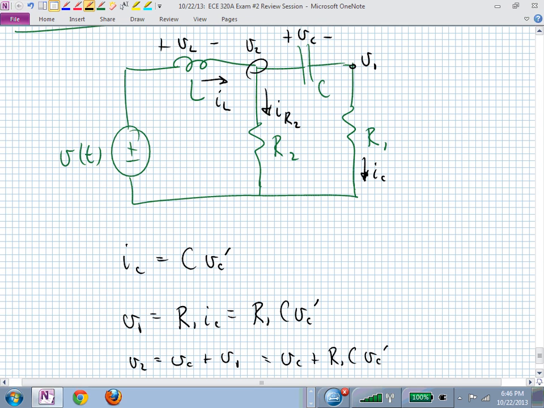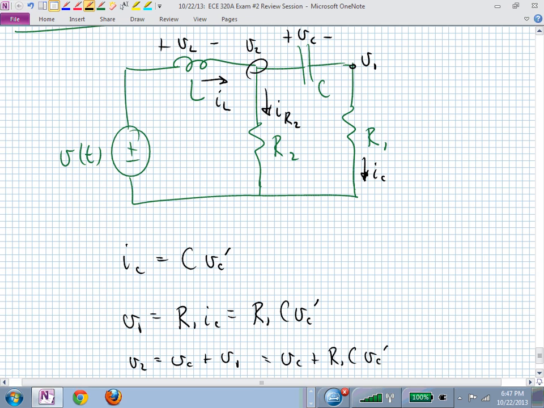Are you comfortable continuing? You now need to find I sub R sub 2, which is just this V sub 2 divided by R sub 2. Now you know all of them, and you can apply KCL right at that V sub 2 node.